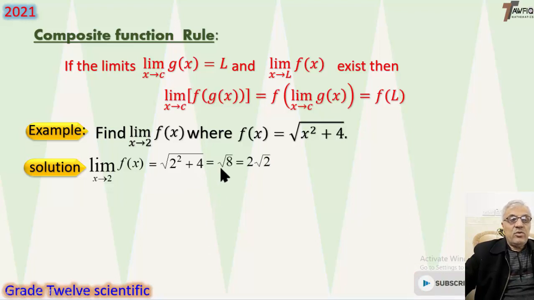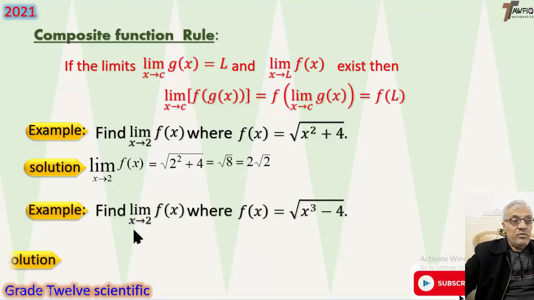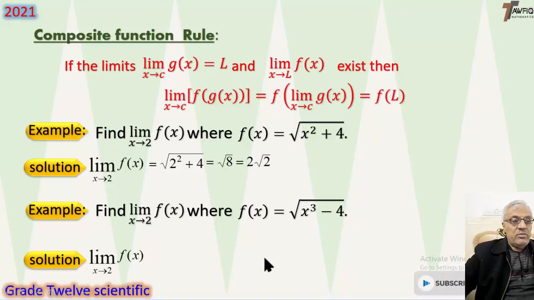It becomes the square root of 8, which is equal to 2 square root 2. Find the limit as x approaches 2 of f(x), where f(x) is the square root of x cubed minus 4. Replacing 2, it becomes the square root of 2 cubed minus 4, which is 8 minus 4 is 4, then the square root of 4 is 2.